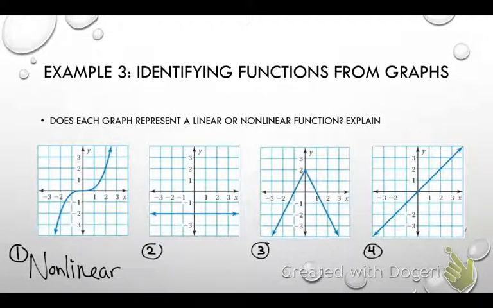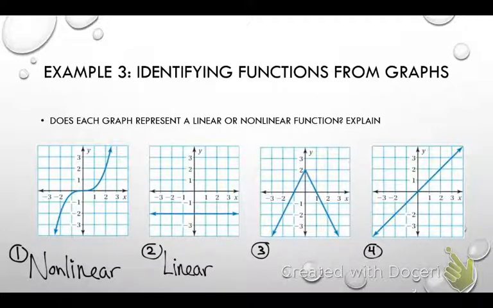What about number two? Is it a straight line? Yep, so it's linear. What about number three? Everybody look at that. Would you agree that each side is a straight line?